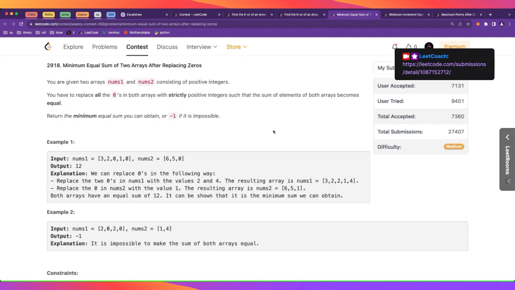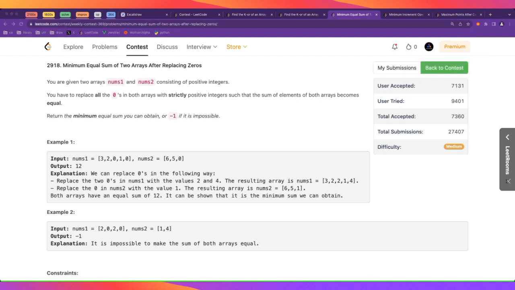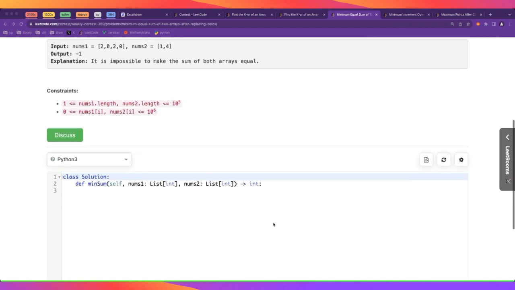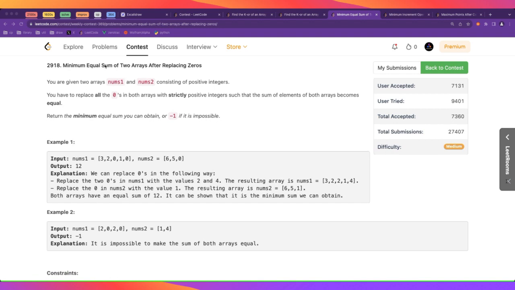All right, so let's move on to question 2, which is a medium. Usually Q2 and Q3 are mediums, but Q2 is easier than Q3. Okay, so: minimum equal sum of two arrays after replacing zeros.